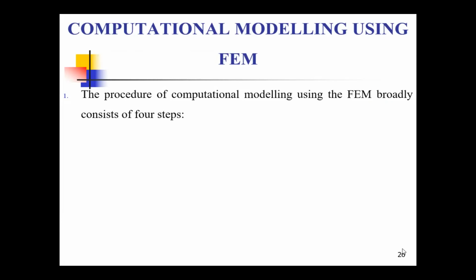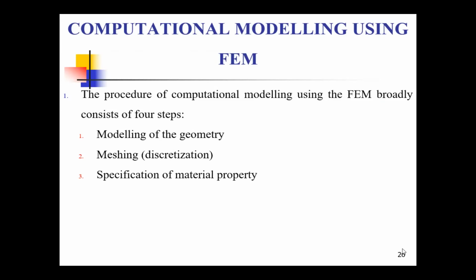So the computational modeling using FEM consists of 4 steps. The first one is the modeling, then meshing. The meshing is nothing but dividing the total domain into small finite elements, and then they get interconnected with each other. That is called meshing. Then I have to provide the material property.